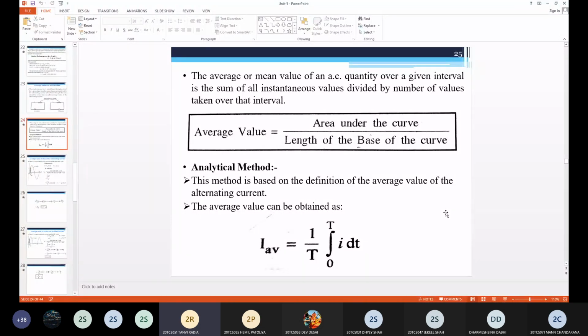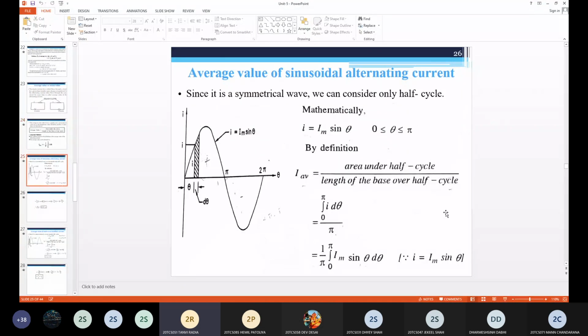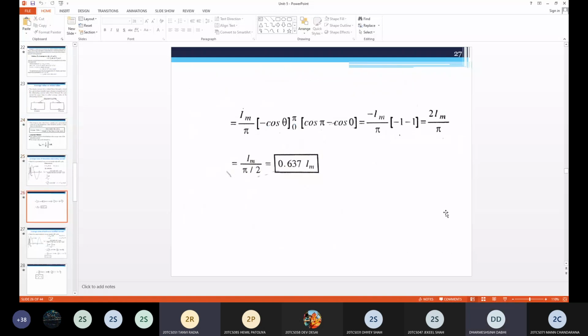Then by taking integration on both sides, and substituting the limits from 0 to T by 2, we will get the answer as I average equals 2Im by pi. Can we derive using that method? Yes, you can use this method also.